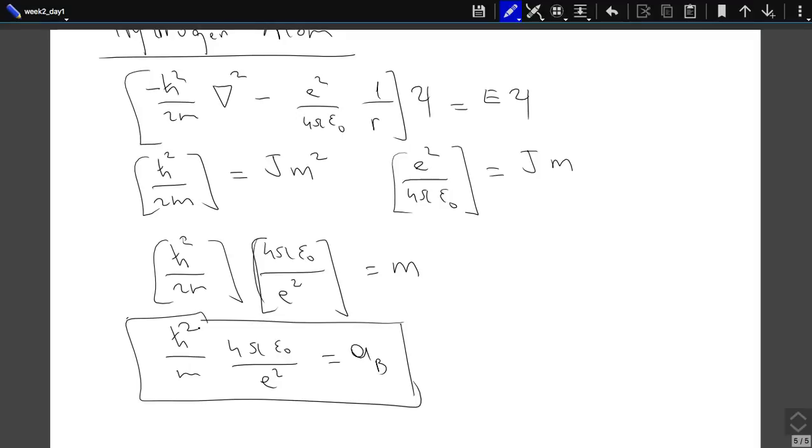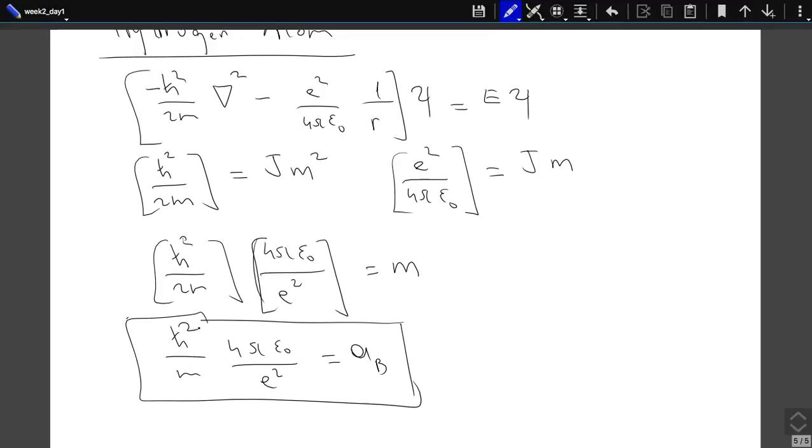I mean, it should be something like that. Well, this is the only possible quantity with the dimension of meters, without using the 2.